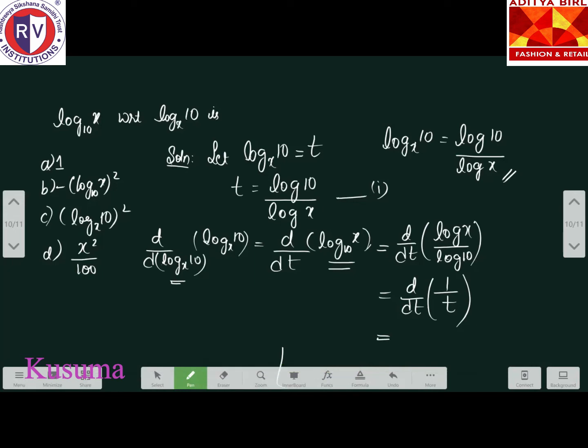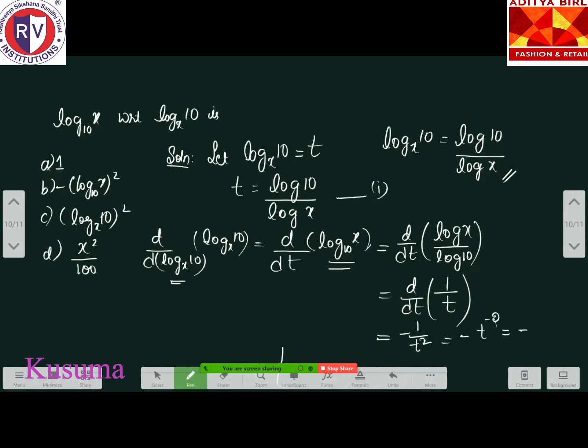It is minus 1 by t square. Or this is minus t to the power of -2. And we know that t is log 10 to base x.